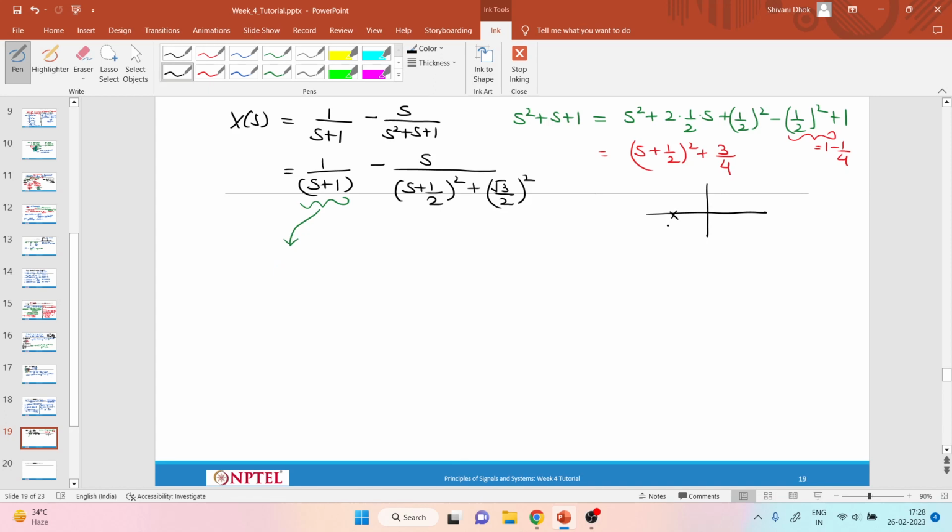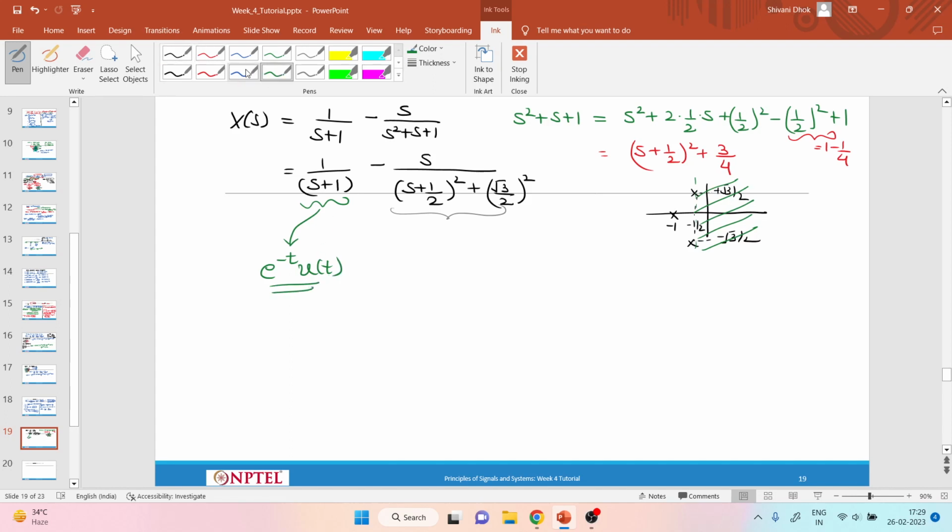Because I have a pole at -1, and two poles at -1/2 ± j√3/2, and I have been given the region of convergence whose real part is greater than -1/2. That means the pole at -1 will also contribute in this direction only, so this will lead to a right-sided signal, and this part will also lead to a right-sided signal. So I know the inverse Laplace transform of this factor is simply e^(-t) u(t). This we very well know.